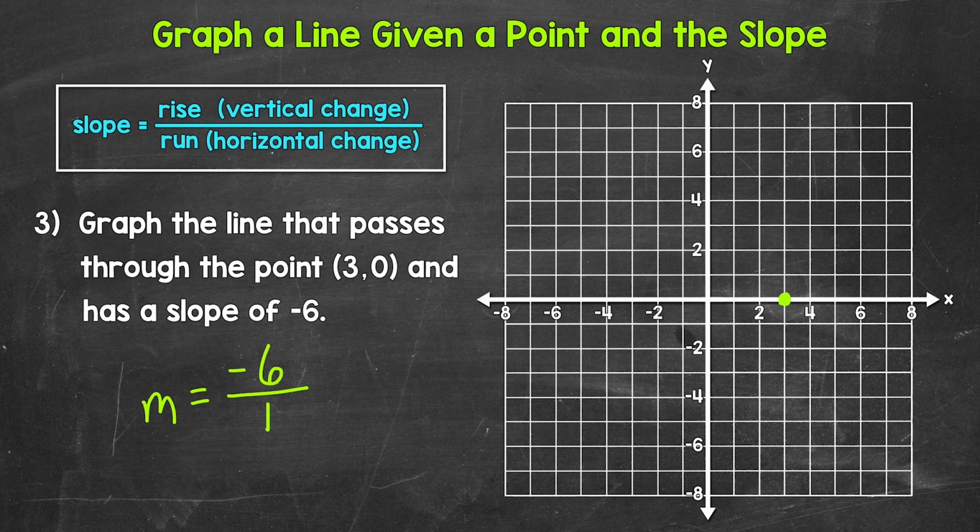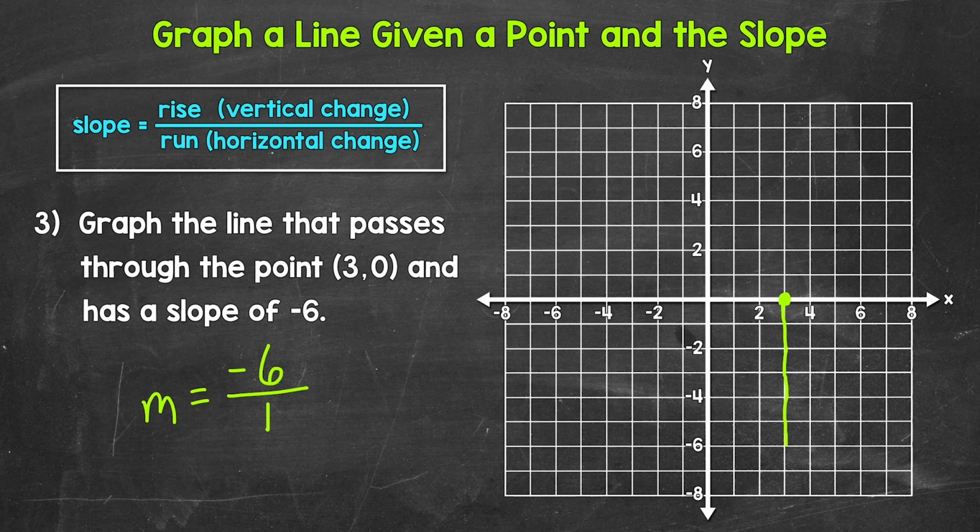So again, we're putting -6 over 1 here. The rise is -6 and the run is 1. Or just like we talked about in number 2, we can write this as 6 over -1. Either of these will work. We're going to use -6 over 1 for this example. So going from 3, 0, our rise is -6. So we need to go down 6 units. 1, 2, 3, 4, 5, 6.